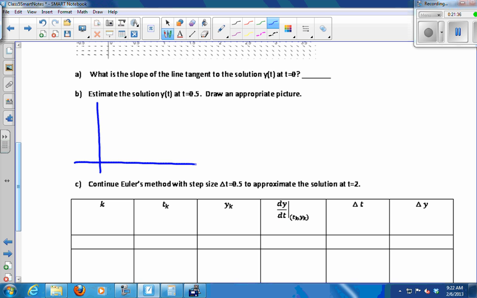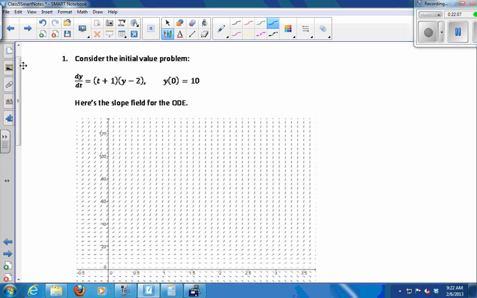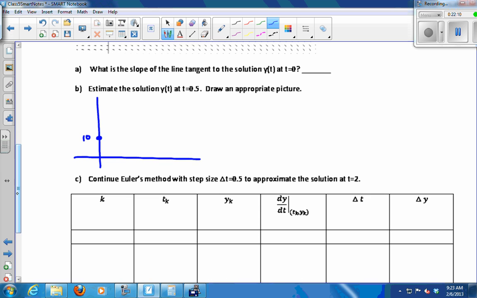So I'm looking for my solution curve y of t. I know one point on the solution curve for sure is 0, 10. So I put that down here, 0, 10. And then I want to know where my curve goes. And the only thing I know about it is the slope of the tangent line. So the slope of the tangent line at that point is what? 8, right? You plug 0, 10 into the formula for dy dt, because dy dt is the slope of the tangent line, and you get 8.